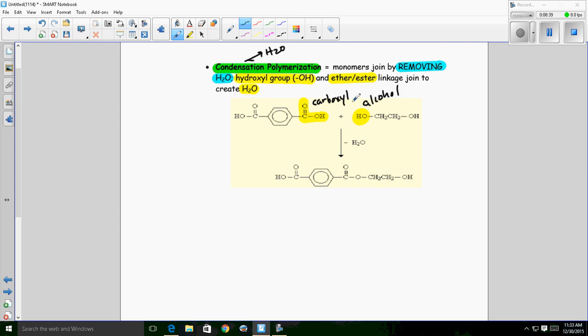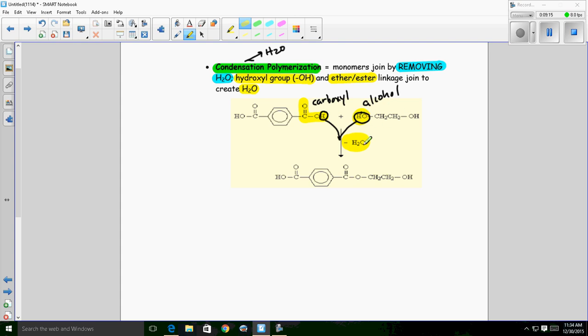What's going to happen with this process is that the H from here and the OH from here are going to join together, and you're going to have the removal of water. So when these come together, you're going to have the subtraction, the removal of the water, right here. And what's going to be produced is the combination of these two monstrous looking organic compounds, specifically the carboxyl group and the alcohol group.